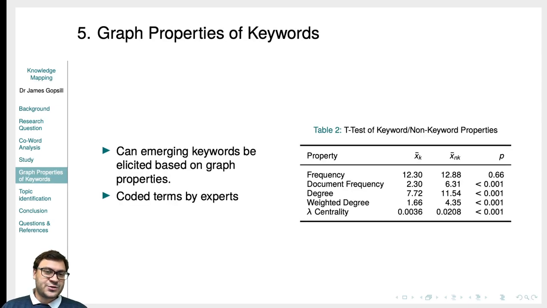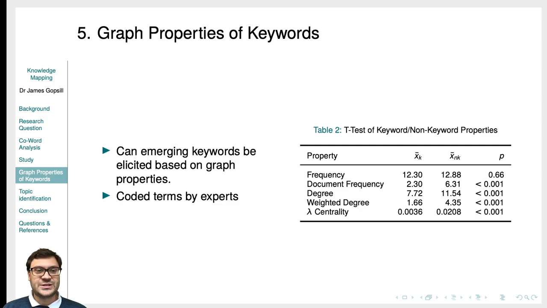So what we did then is create that co-word network through the document set, and we were looking to see if the graph properties can actually elicit keywords. So we had a series of experts identify a set of keywords within those technical documents as well as a set of non-keywords. We then looked at the properties of those keywords within the graph and looked at their document frequency, degree, weighted degree, eigenvector centralities.